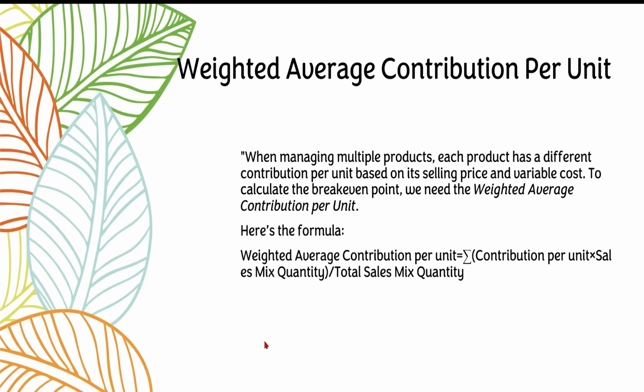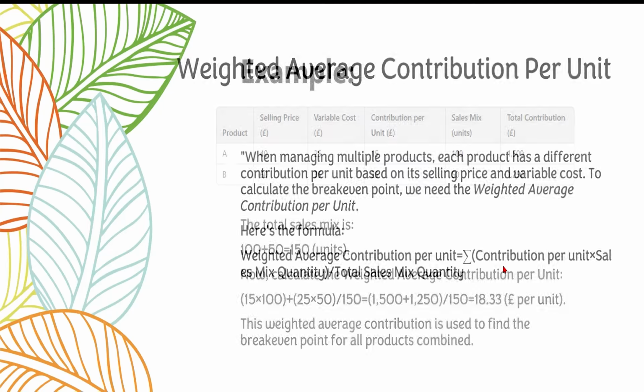And here is the formula to calculate the same. You need to take the contribution per unit into the sales mix quantity, then divide by the total sales mix quantity. In the next slide, I have kept an example that makes this concept more clear.